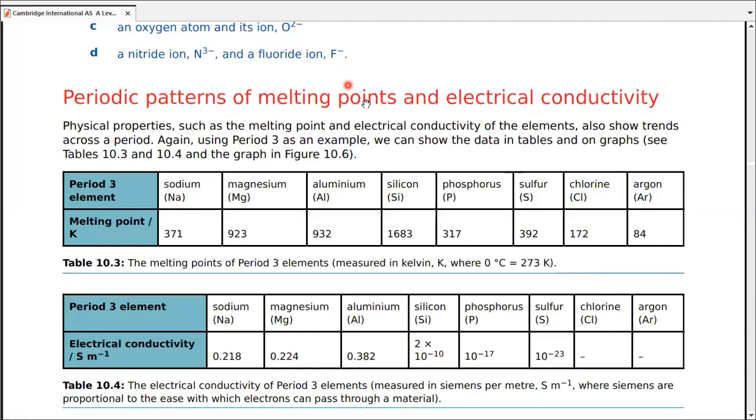So, assuming that the topic is clear and moving on: periodic patterns of melting points and electrical conductivity. Now, the book tries to discuss a certain set of periodic patterns, but remember, if you take a look at the past papers, they may go outside of these specific periodic trends and discuss an entirely different trend or periodic pattern.